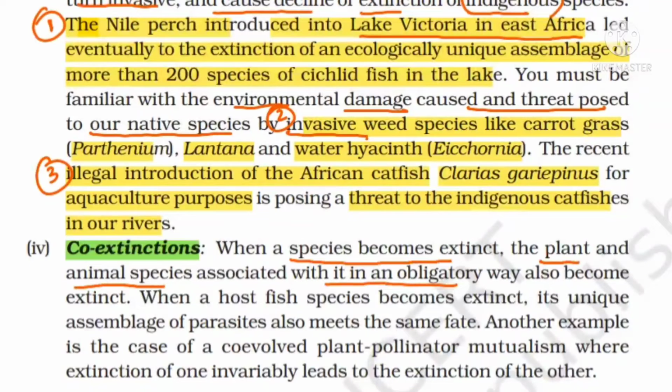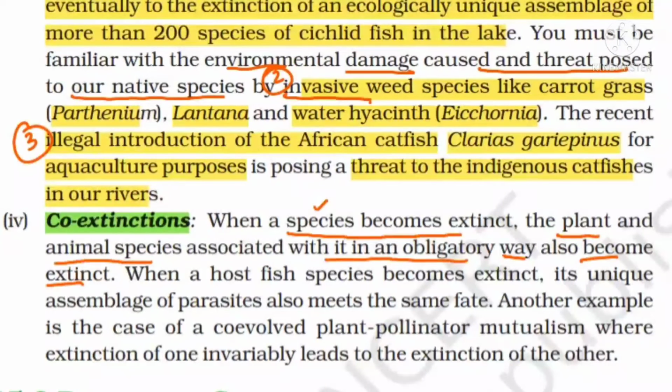So for those plants and animals in obligate association, if one species becomes extinct, the other will also become extinct. For example, they have given that when a host fish becomes extinct, its unique assemblage of parasites also gets extinct.